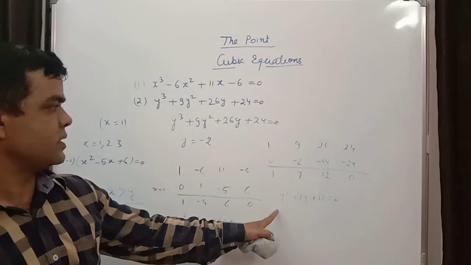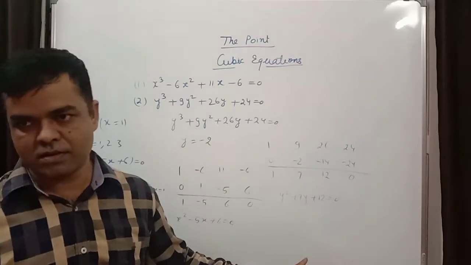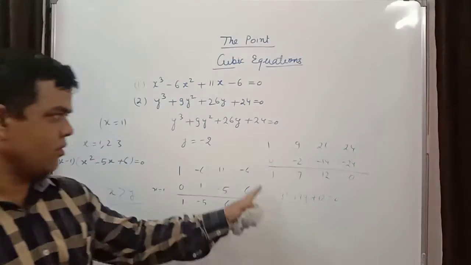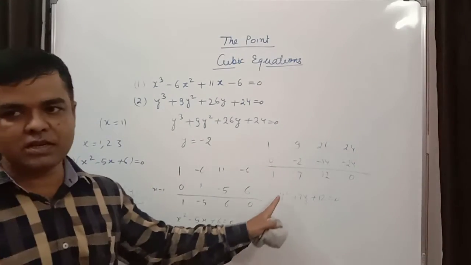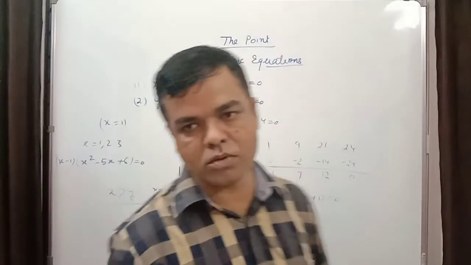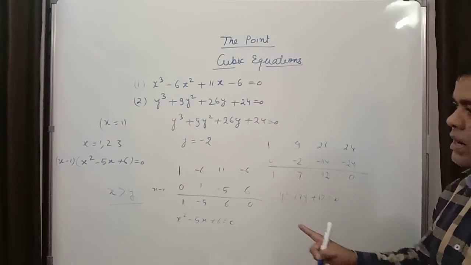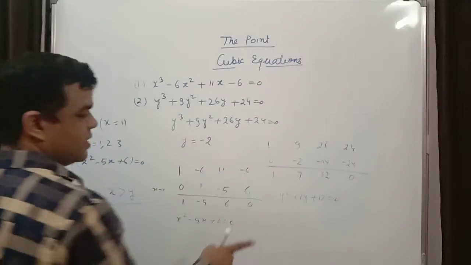Now you can solve this equation and find the roots. By this trick you can easily find them. If you practice, it will be very easy for you. You need not solve the full question. You can find the roots and compare the values.